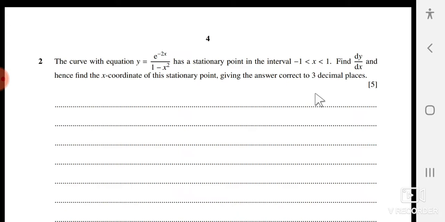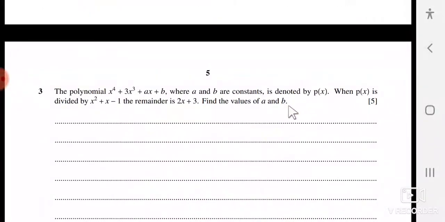Okay, I'm moving toward the next question. Yes, my dear, this is once again a very simple question. It's a polynomials question. We can call it the remainder theorem and factor theorem. Here it says a and b are constants and this is represented by p(x). When p(x) is divided by this, the remainder is given.